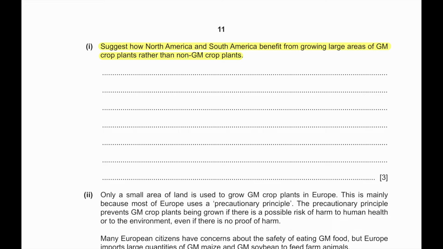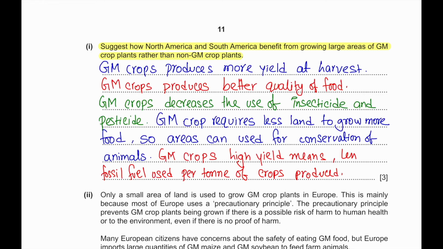GM crops produce better quality of food because they don't require much use of insecticide or pesticide. GM crops require less land to grow more food, so areas can be used for conservation of animals and other things. GM crops have high yield, which means less fossil fuel is used per ton of crops produced.